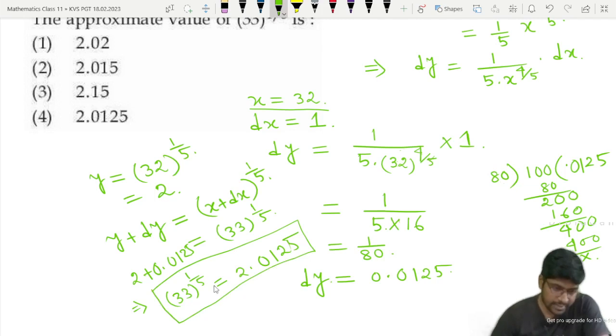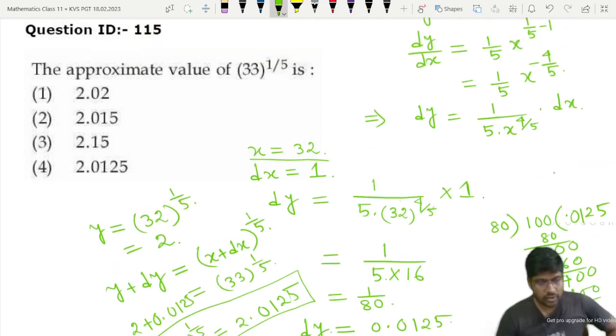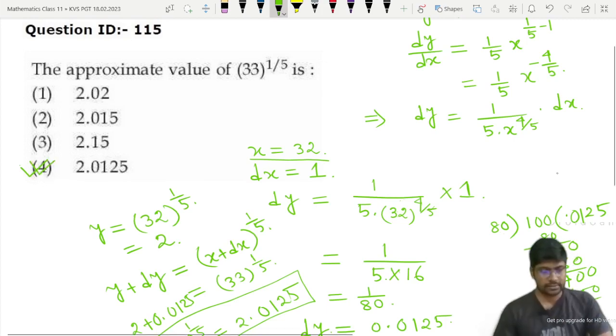So the approximate value of 33 to the power 1 by 5 is 2.0125. That is option 4, the correct answer. Now let's go to question number 116.